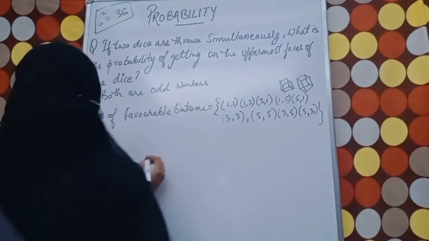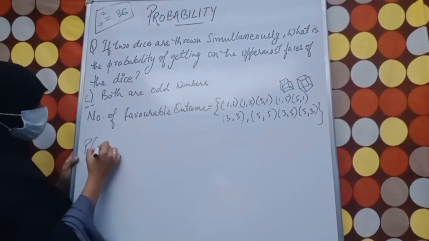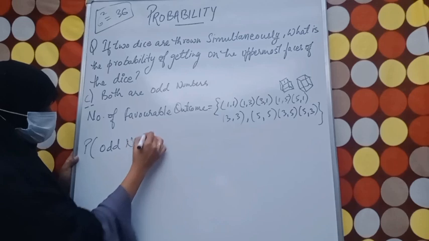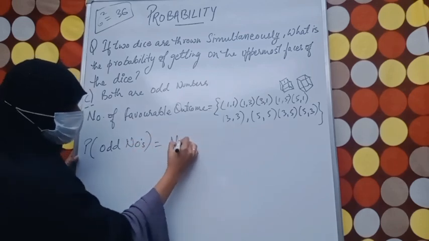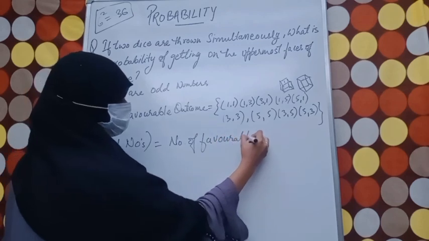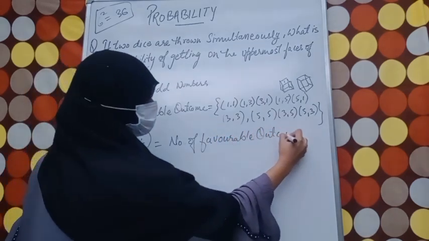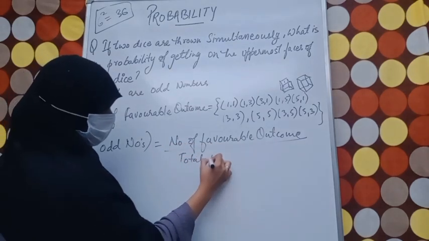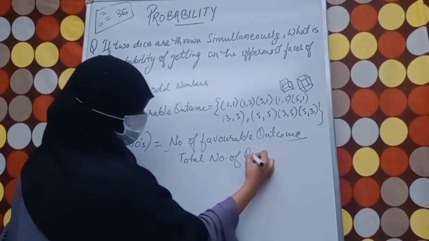So the probability for both odd numbers equals number of favorable outcomes upon total number of outcomes.